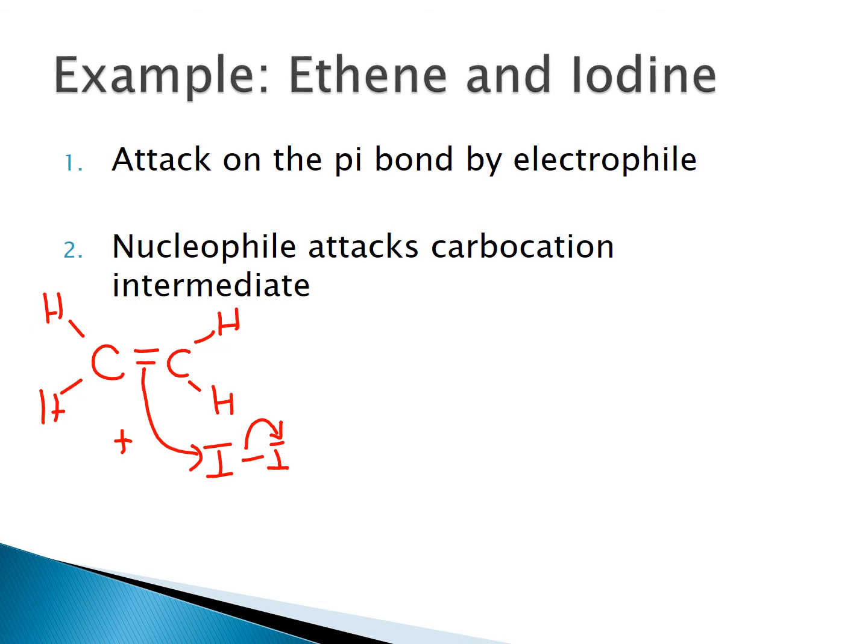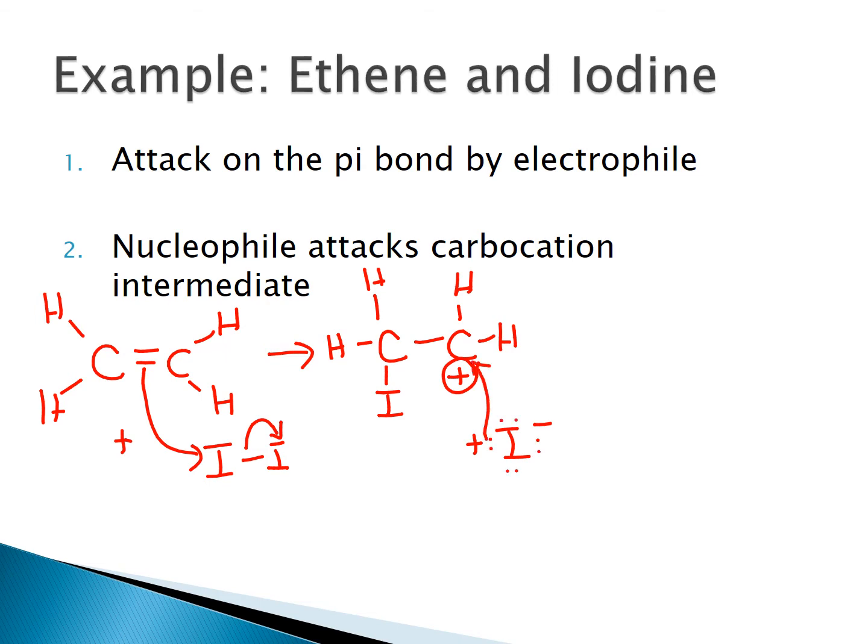Okay? So we have a carbocation intermediate, and we have an iodide. And the iodide is then going to attack the carbocation intermediate.